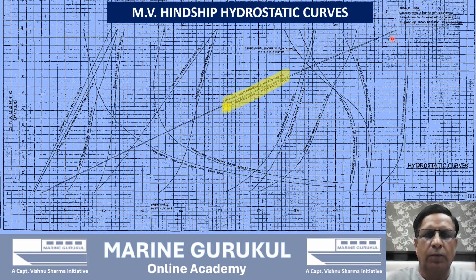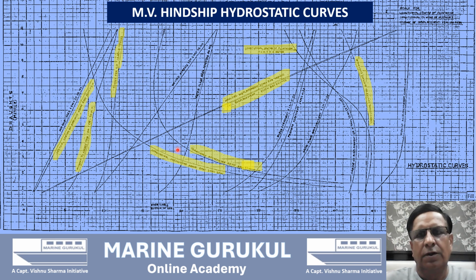And then we have this curve for displacement. This is the hydrostatic curve for TPC, for MCTC, for LCB, longitudinal center of buoyancy, for LCF, longitudinal center of flotation, KB or the vertical center of buoyancy, KMT, distance of transverse metacenter from keel, and lastly KML, distance of longitudinal metacenter from the keel.